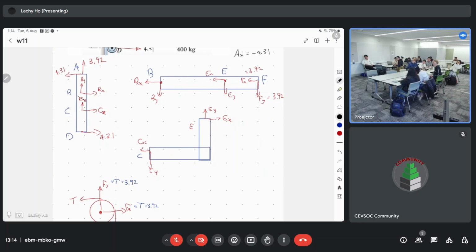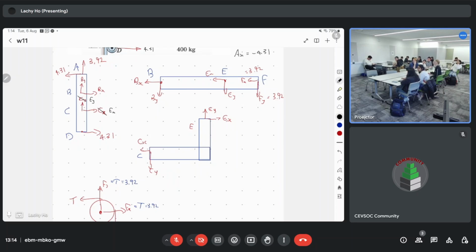I'm just going to convert this one into Ey and this one into Ex. Okay, and then hopefully this makes things easier to solve. So now let's look at this diagram. Well, we can kind of solve it. Let's just try and solve it anyway. Even though there's 4 unknowns, we can still solve some of the unknowns.